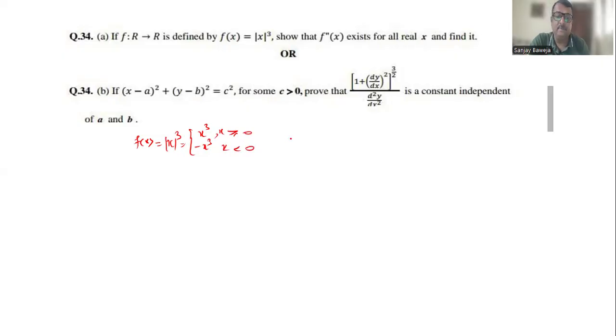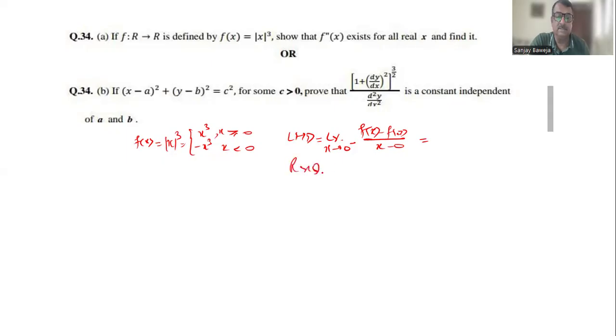And you know the formula of LHD and RHD. LHD in this case will be limit x tending to 0 negative, f(x) minus f(0) upon x minus 0, and you substitute the values and get the answer.